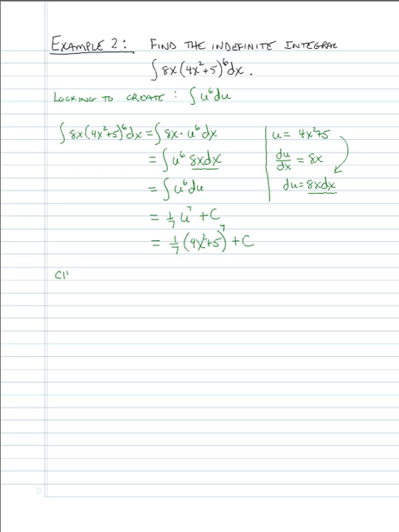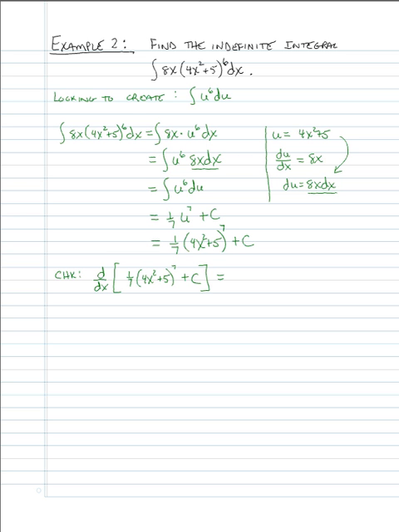Now, what we're going to do is take the derivative. Remember how we check. We check to see that the derivative of our answer is our original integrand. So we're going to check by taking the derivative of our answer here: 1/7 times 4x squared plus 5 raised to the power 7 plus that constant.